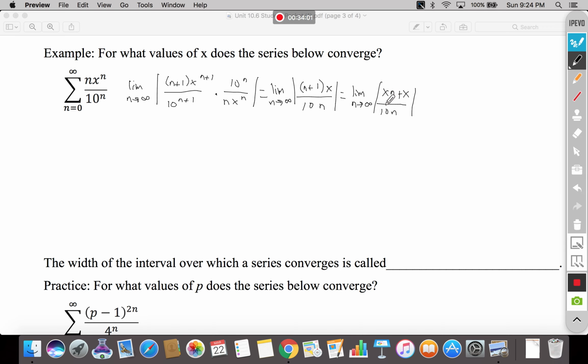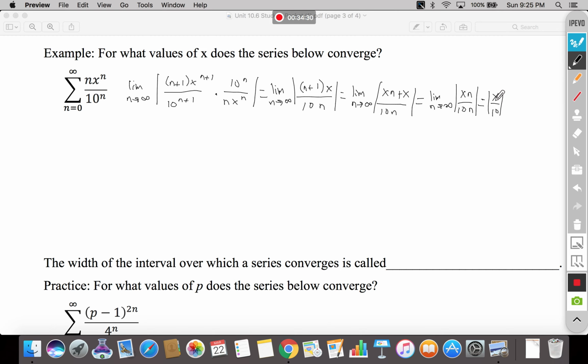So xn is going to win, 10n is going to win. I end up with the limit as n approaches infinity of xn over 10n. x is not my growing thing, so it's going to lose the 1 compared to this. My n's are going to cancel out. So my limit is the absolute value of x over 10.